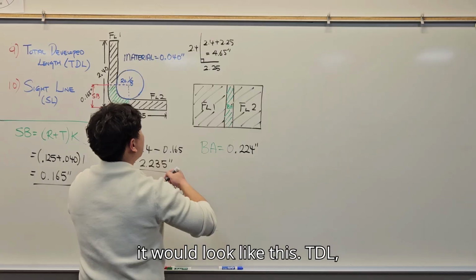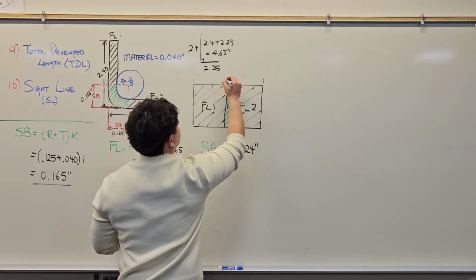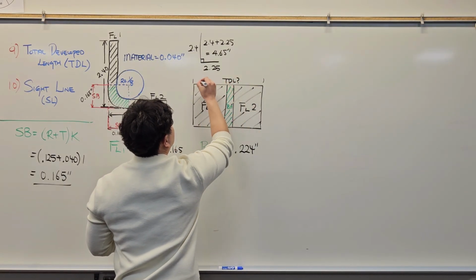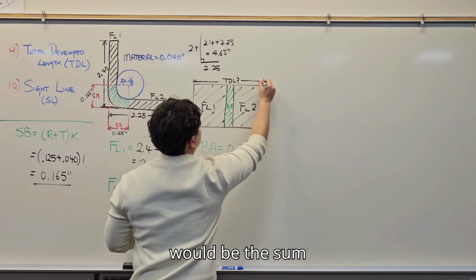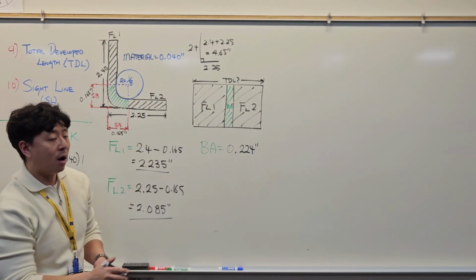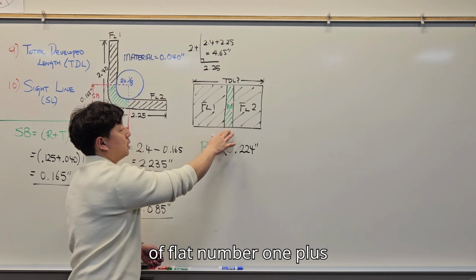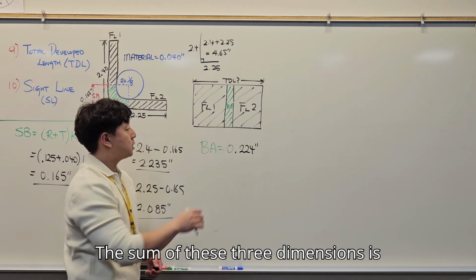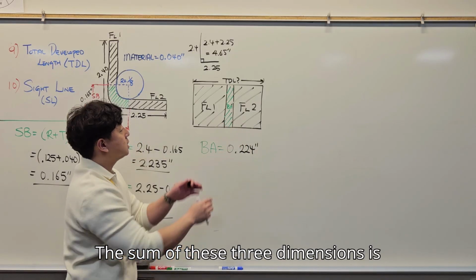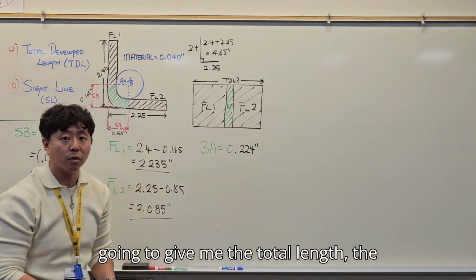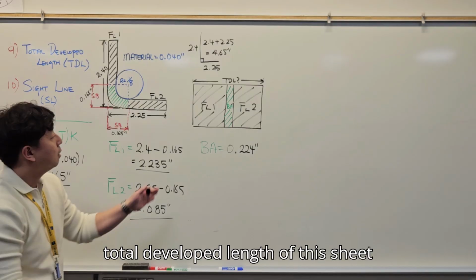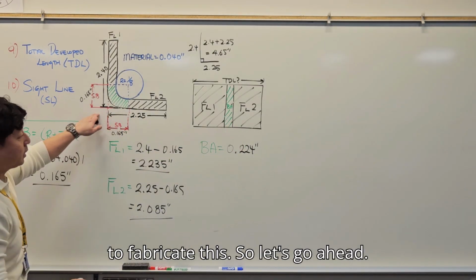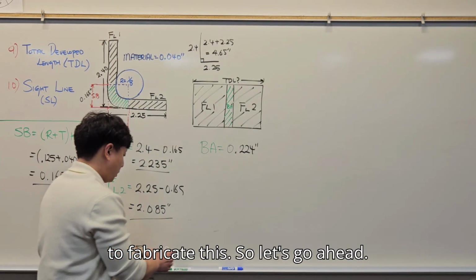And my TDL, total developed length, would be the sum of flat number 1 plus the bend allowance plus flat number 2. The sum of these 3 dimensions is going to give me the total developed length of this sheet to fabricate this. So let's go ahead.